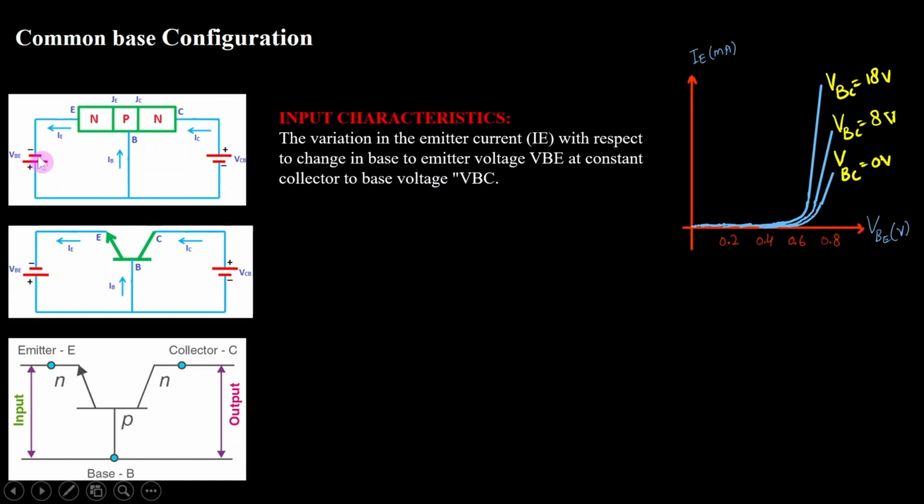If it approaches 0.7, the current will be increasing, and if it exceeds 0.7 volt, which is actually the PN junction voltage, the potential barrier voltage, if this external VBE voltage exceeds that potential barrier, then suddenly this potential barrier will vanish.